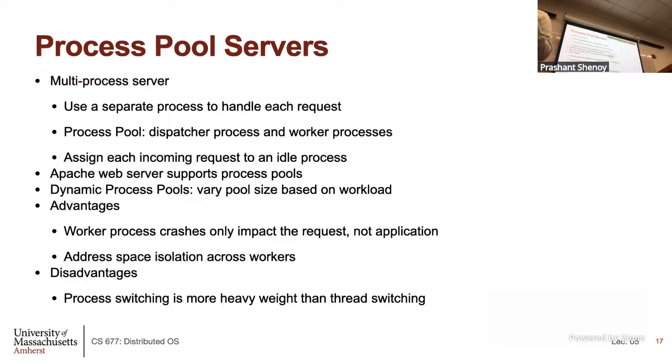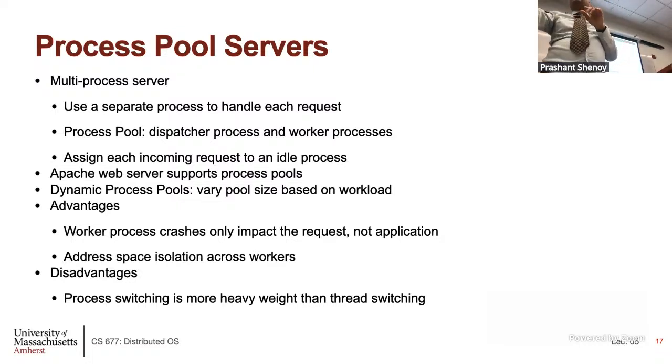If you got a web request and it did some bad stuff and crashed, the web server continues to work, as opposed to a multi-threaded server. Some web browsers also use a process pool model. In particular, Chrome uses a model where every tab that you create is its own process.